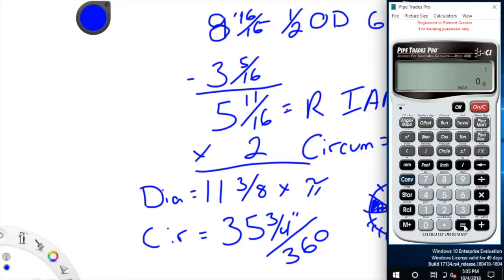We don't want 1 degree, we want 30. So all we have to do is multiply that by 30, and 1/8 times 30 equals 3 inches. That is the length of the inside arc.